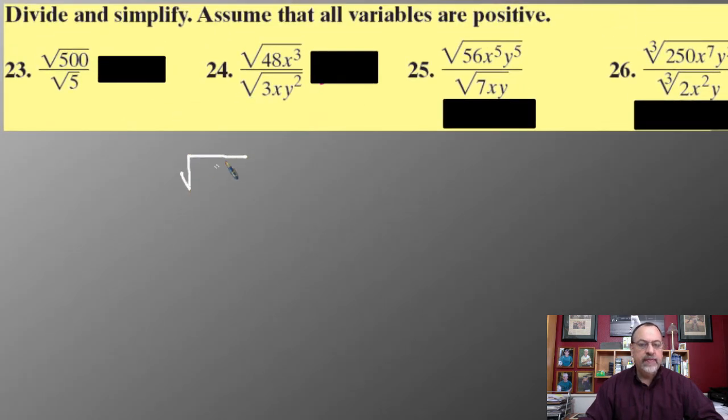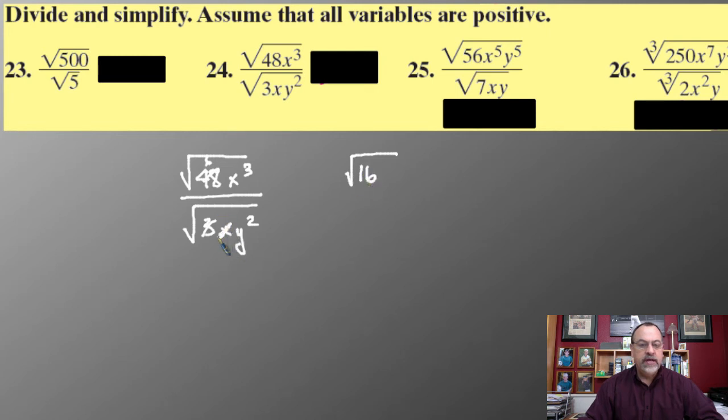I have the square root of 48x cubed over the square root of 3xy squared. Because the indexes are the same, I can go ahead and simplify this. So I can reduce the 3 and the 48, that's going to be 16 up here then.